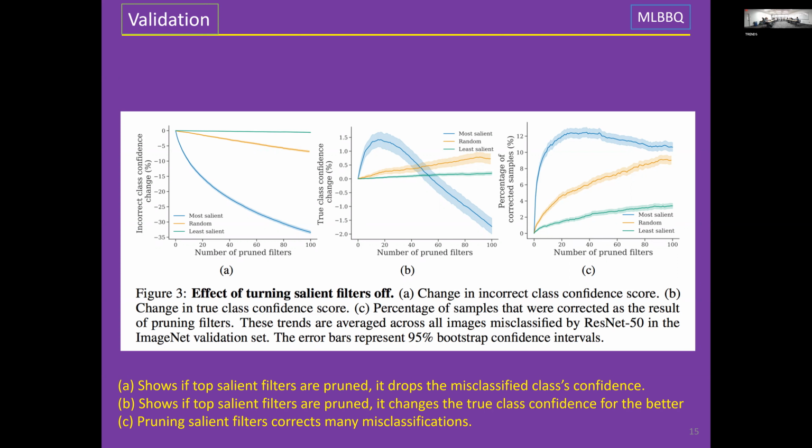For example, for 50 samples where the model was making wrong predictions, 12% of those 50 samples are now making correct predictions.